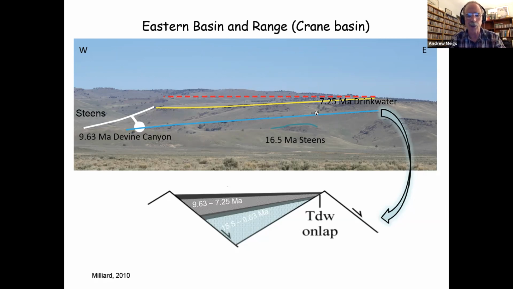But what these rocks show is that the Divine Canyon is more steeply tilted than the Drinkwater, and the Steens is more steeply tilted than the Divine Canyon, which is a set of angular relationships that shows that this basin formed sometime shortly after Steens basalt was erupted and was moving progressively up through about 7 million years, accumulating a thicker section next to the bounding fault, which is in white in the photo and black in the cross section below, and onlapping onto the neighboring block of the neighboring fault.